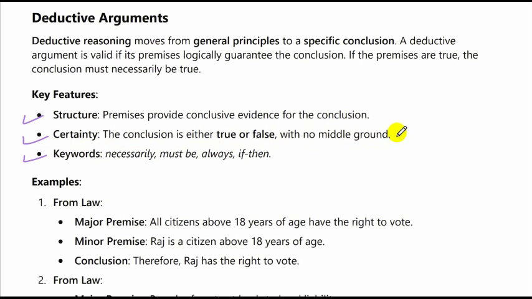There are no possibilities. It is either true or false. The conclusion necessarily follows from the premises. And the keywords are necessary, must be, always, if then. These are the keywords for deductive arguments.